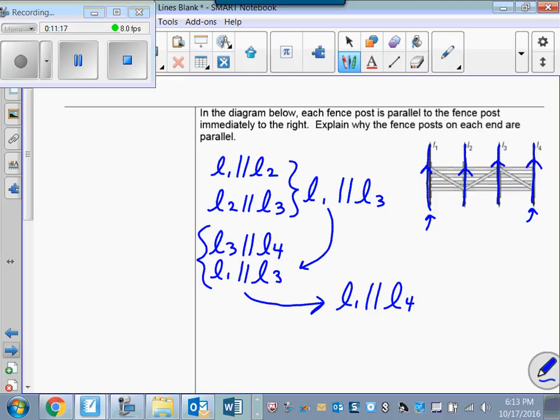Why? Because if two lines are parallel to the same line, then they're parallel to each other. So that's the theorem we would use to prove that. And we could have written it as a nice proof. But we weren't asked to, so we didn't.